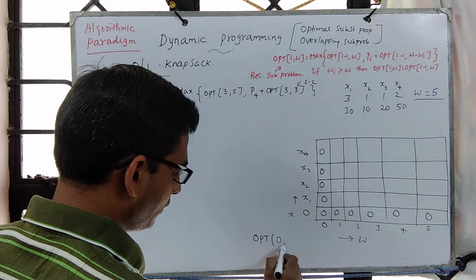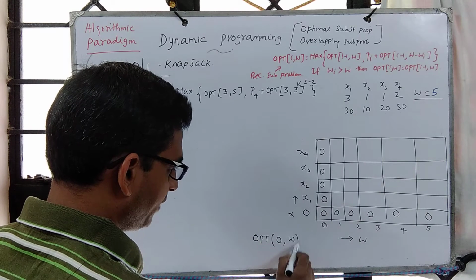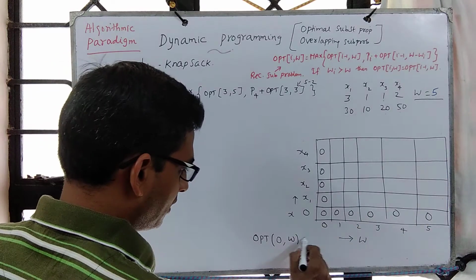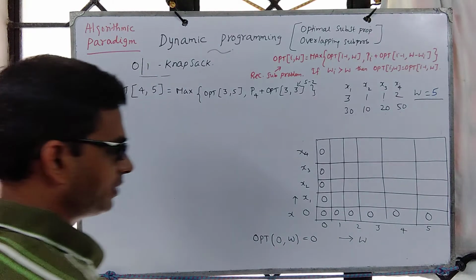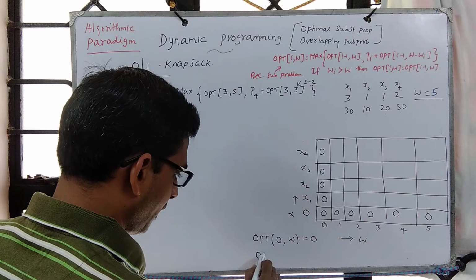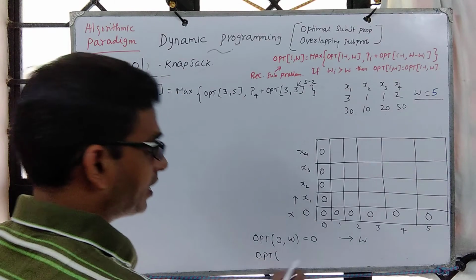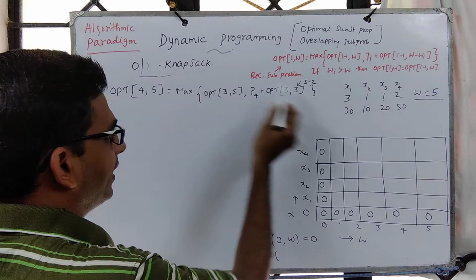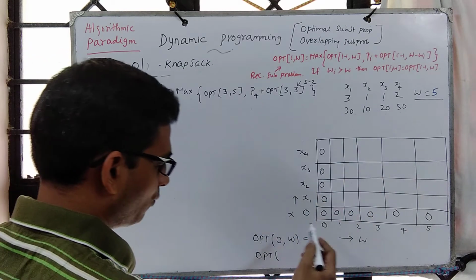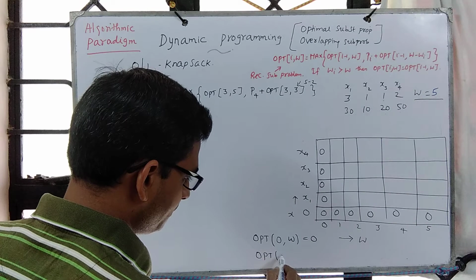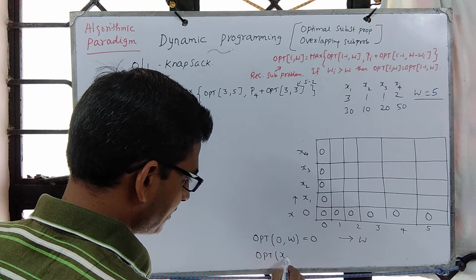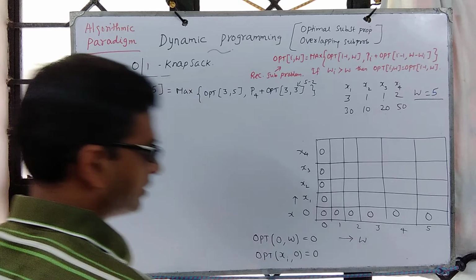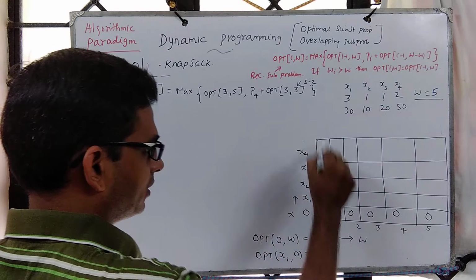So when this is 0, and W could be anything, it could be 1, 2 and so on, that value is 0, that's one base case. Another one is W is getting updated. Initially it is 5 and later it becomes 3, it may become 1, subsequently it may become 0. Irrespective of X, when W becomes 0, then also it is 0.